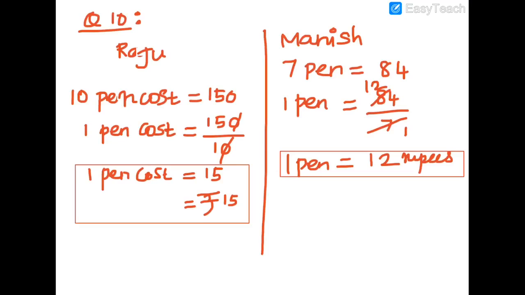Manish spent 12 rupees for 1 pen. Cheaper means low price. So who got the pen cheaper? That is Manish. Manish got the pen cheaper.